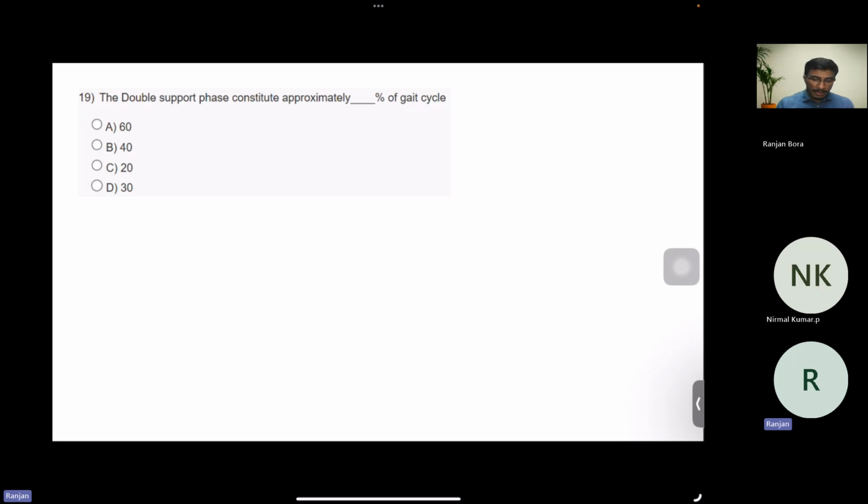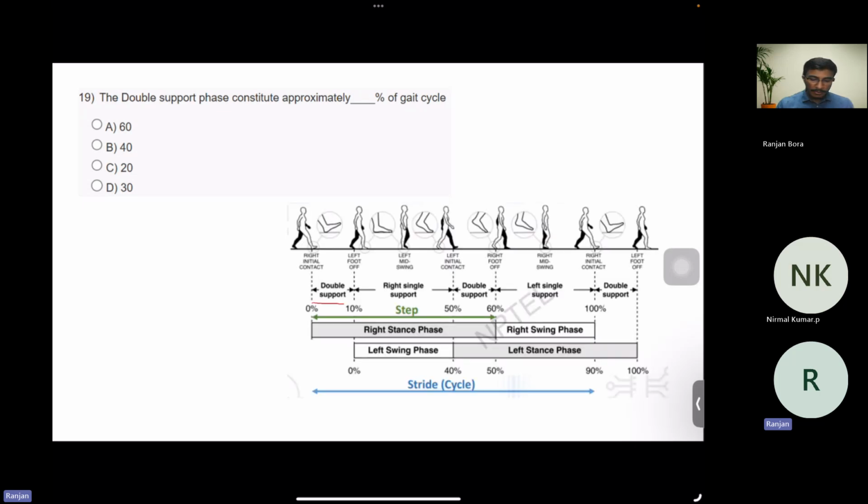So you can see here, the first phase is the double support phase. It consists of 10%, and the last phase of the stance phase is also a double support phase, and it also consists of 10%. So in total it consists of 20% of the gait cycle.